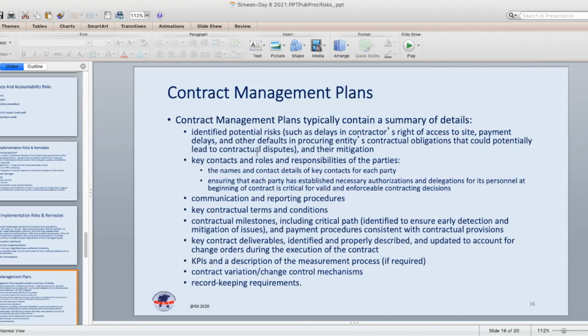And the first one is actually the most, well, they're all relevant to risk mitigation, but the first one is interesting because it talks about various risks that may arise at the outset. For example, delay in the contractor's right to access to the site, then payment delays and other types of defaults.